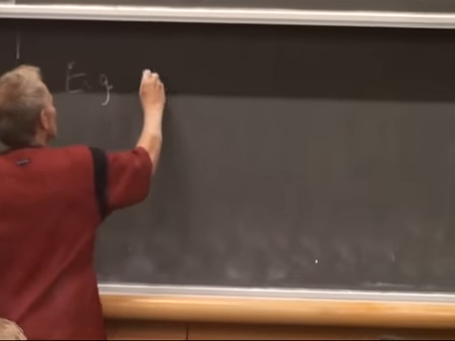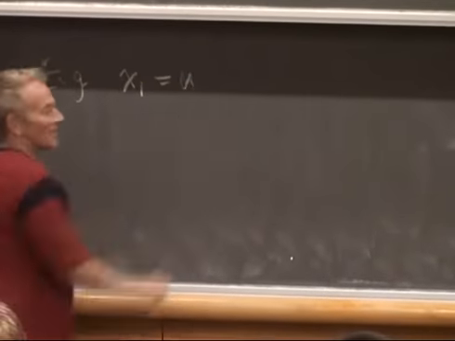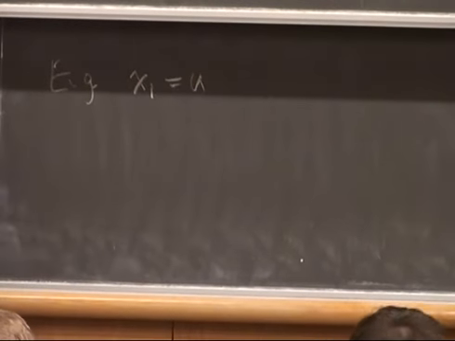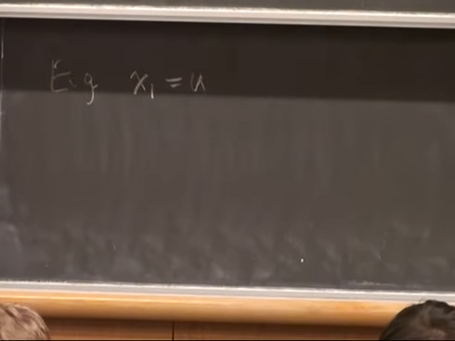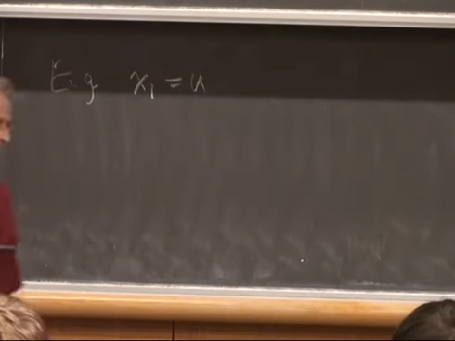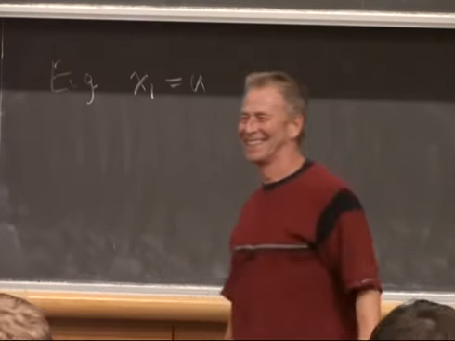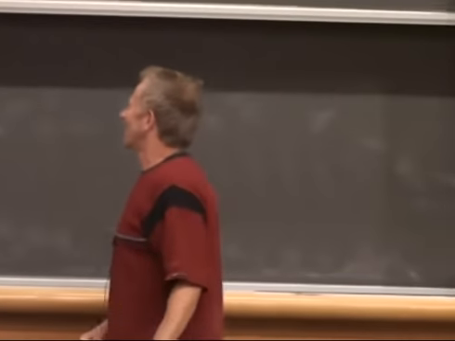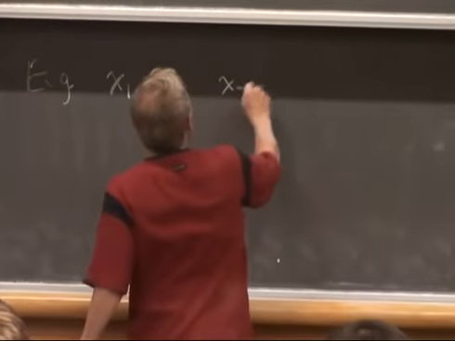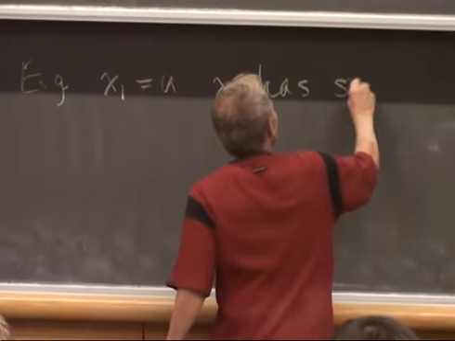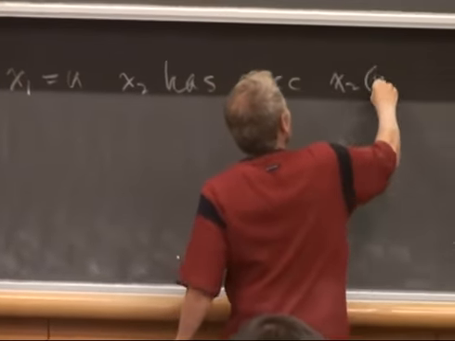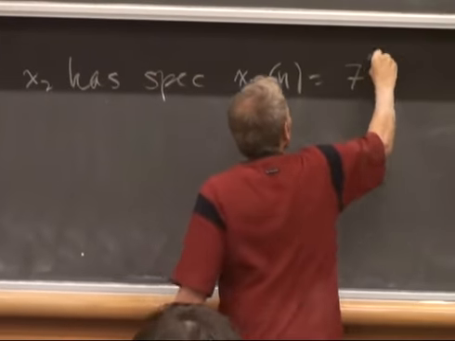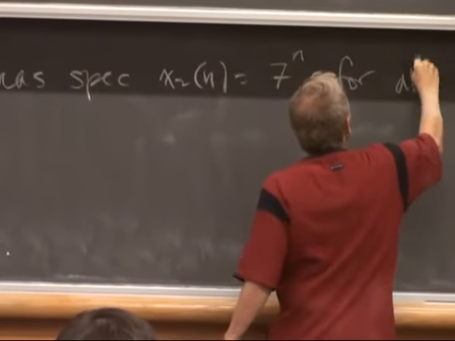One of them is a step function. Each of you was half right. X2 of n equals 7 to the n for all n.